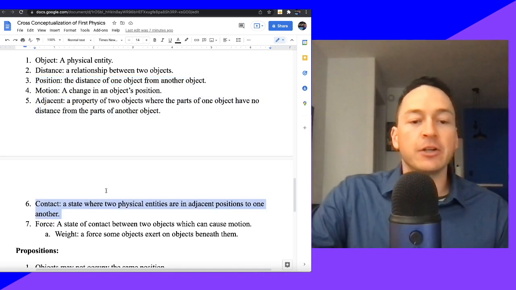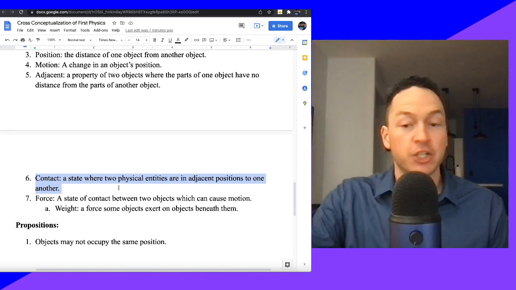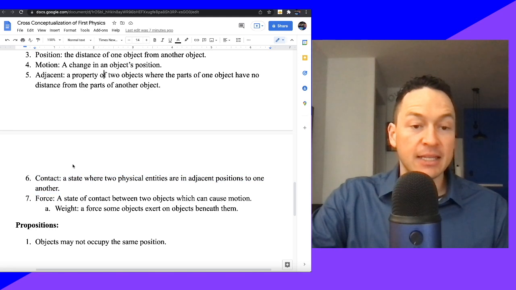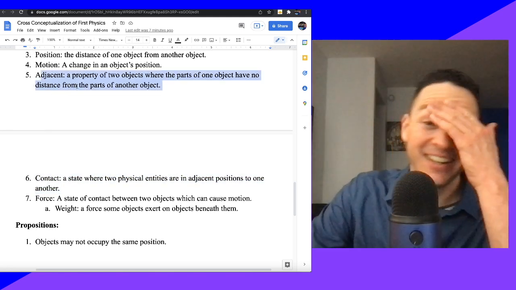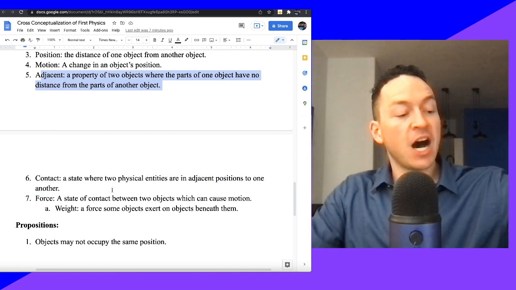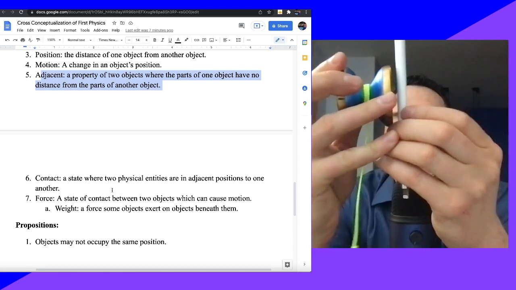Okay, contact. Okay, what's contact? A state where two physical entities are in adjacent positions to one another. Well, doesn't that just mean contact is adjacentness? Contact. Well, here's something interesting.